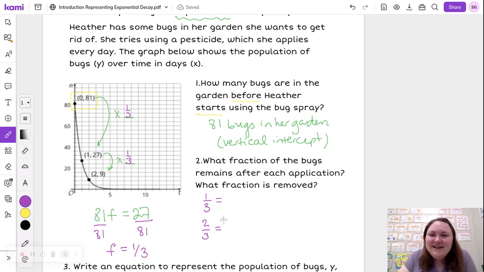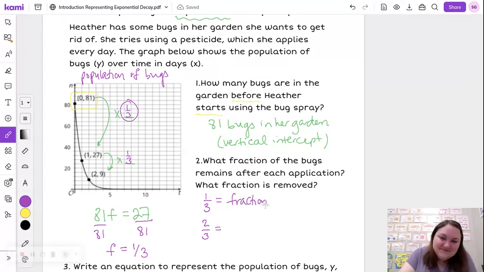In order to figure this out, I want to think about what my graph is showing. My graph is showing the population of bugs. So that means this fraction 1/3 is related to how many bugs we have. 1/3 is the fraction of bugs that remains, since that's the fraction I'm using to make my graph.